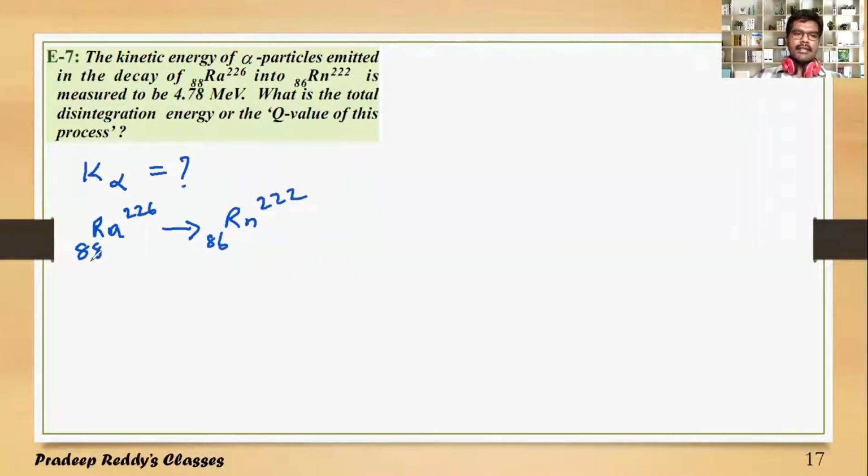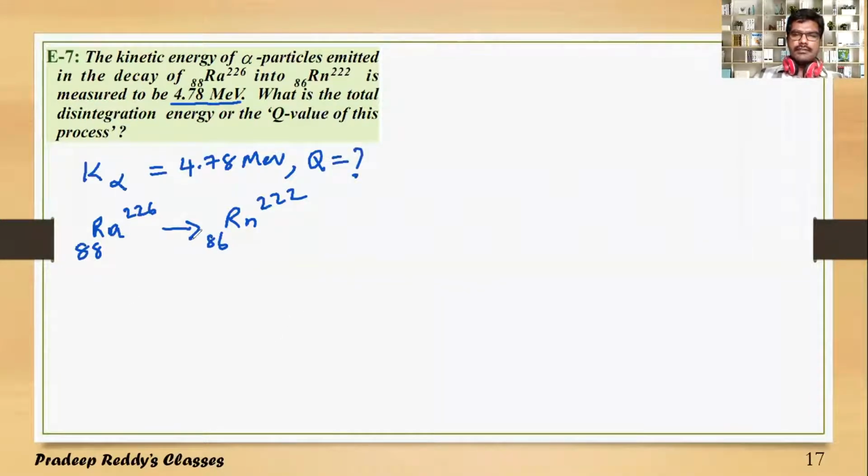Ra 88 226 is decayed into Rn 86 222 by the emission of one alpha particle. It's not the kinetic energy that is asked. The kinetic energy of the alpha particle emitted is given as 4.78 million electron volt. You are supposed to find out the Q value, right?